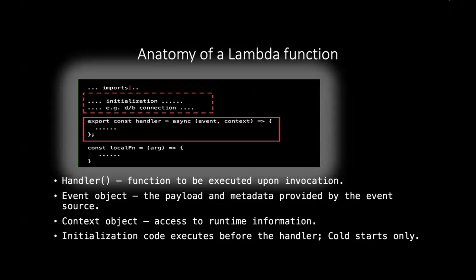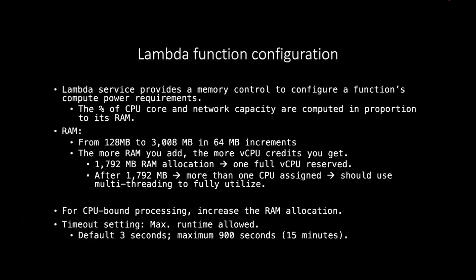We just talked about the anatomy of a Lambda function, which I'll come on to again today. The configuration of the Lambda in terms of its underlying compute requirements: in the case of AWS, we specify it in terms of how much RAM memory it requires. And from that, the Lambda service then determines the virtual CPU credits that it needs.